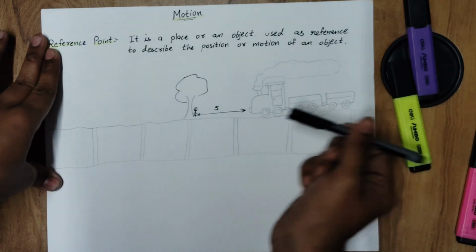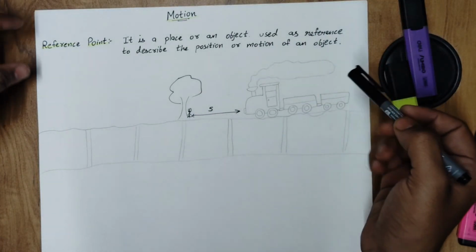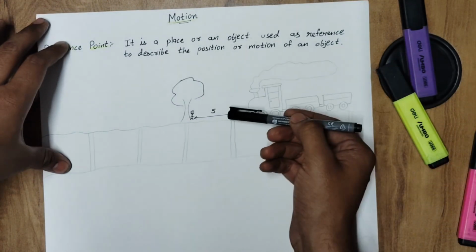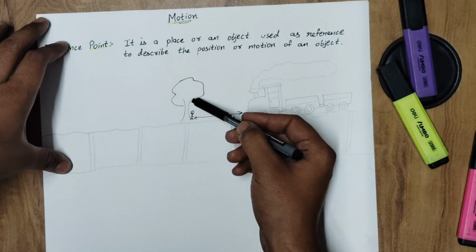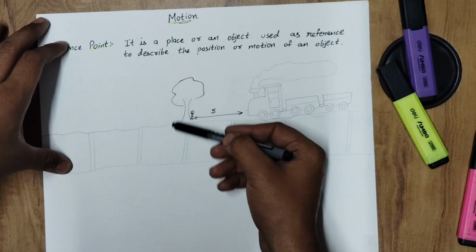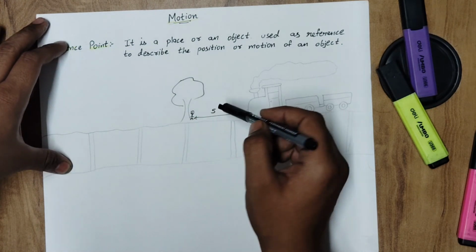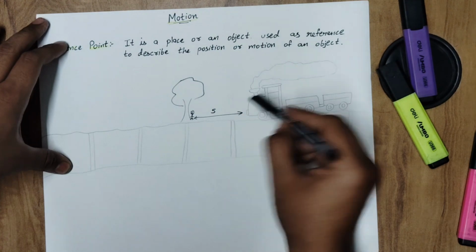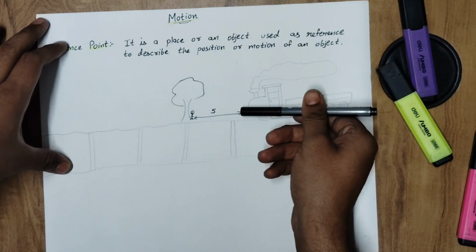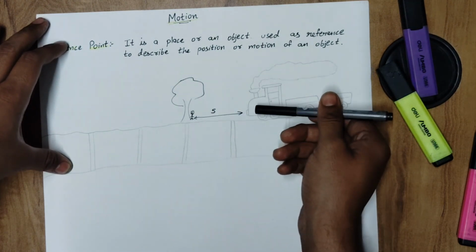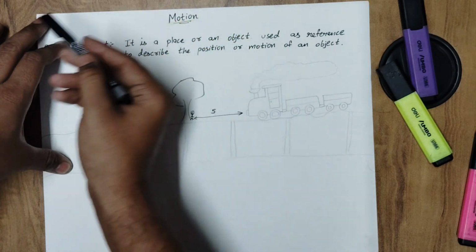Okay, so for him the train is moving. The train is in motion. What is motion? Anything that changes its position with respect to the frame of reference, any point, or any reference which sees or observes the moving object or changing its position is known as motion.